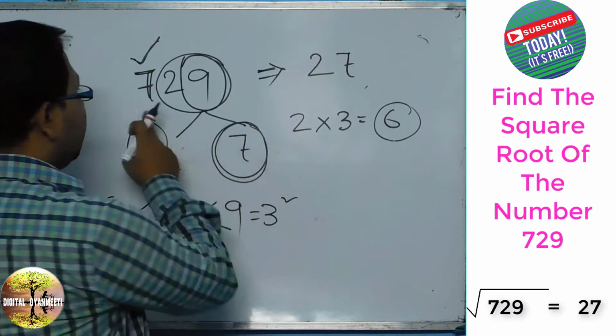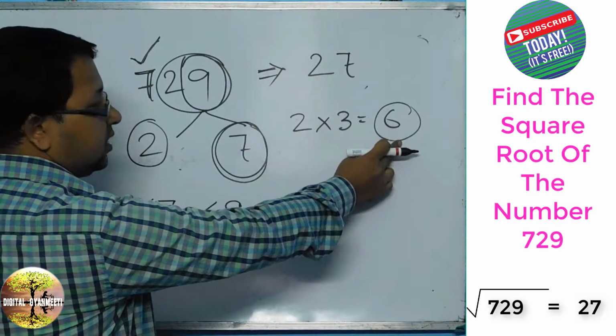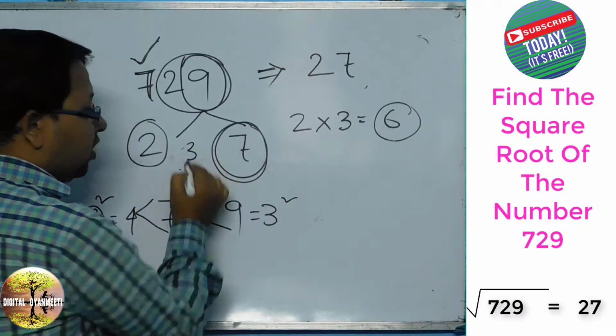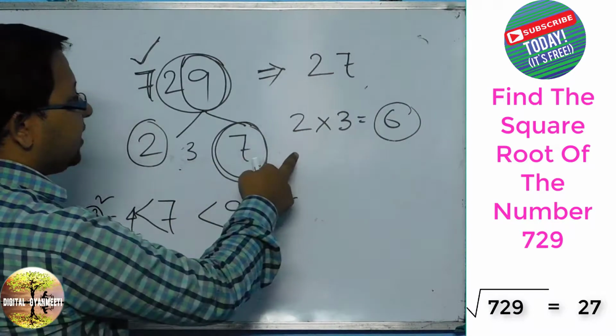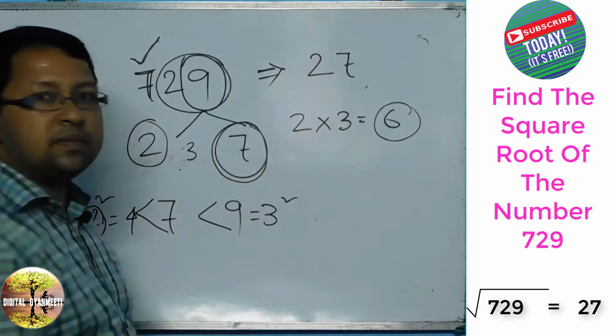Conversely, if this number is smaller than this number, then we take the smaller one, but in this case this number is greater, so we choose the greater one.